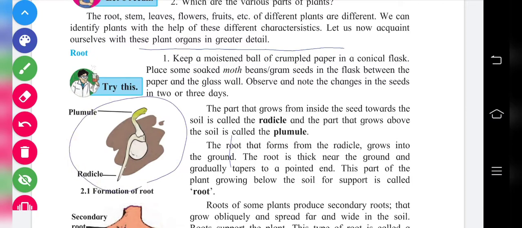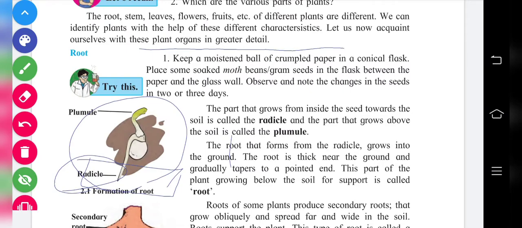The part of the seed that grows downward toward the soil is called the radicle. The radicle is the part that grows toward the soil.